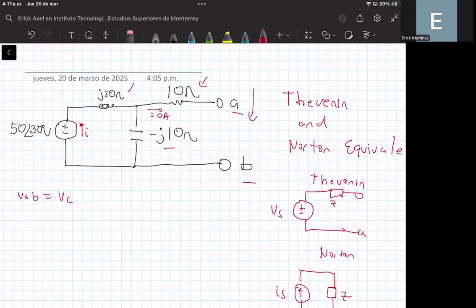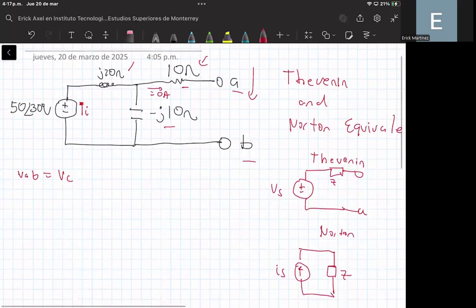Why is that? Because since we have an open circuit in this direction, there is no current flowing through this branch, okay? So at the end, the voltage that is seen by these terminals A and B should be equal to the voltage of the capacitor, okay?